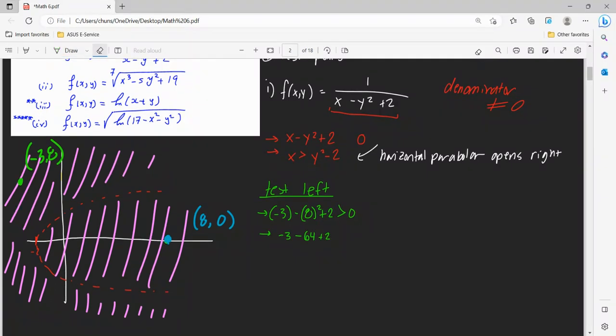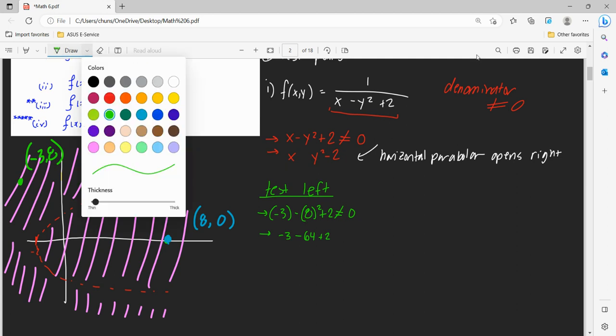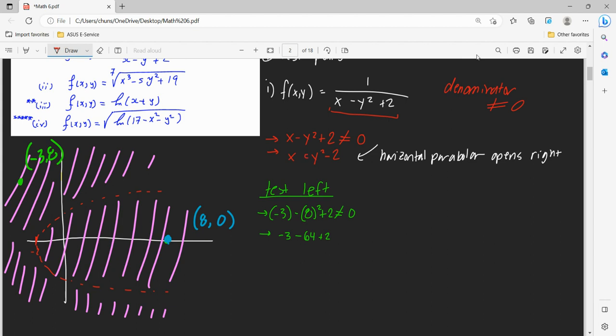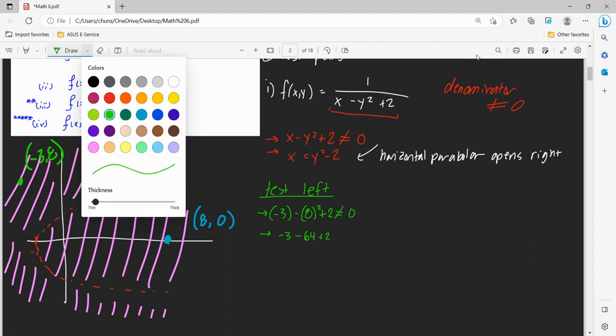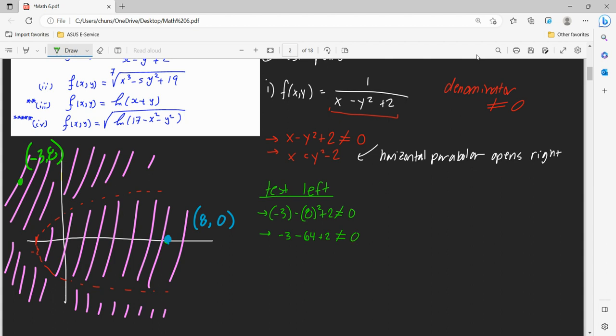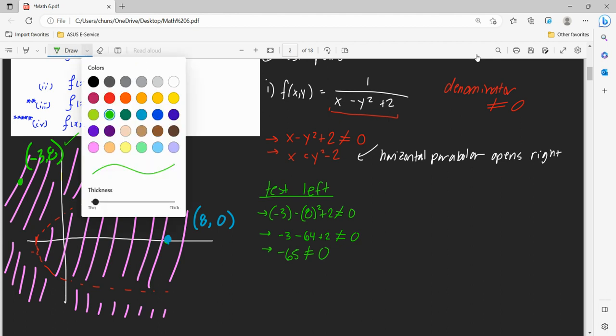This inequality is meant to be not equal to 0 because we can still have a negative value. It just can't be 0. So let me change that. Okay, sorry, continuing on. This is not equal to 0. So let's keep going. This is -65, and that is not equal to 0. So this section tracks. We're allowed to use that region.